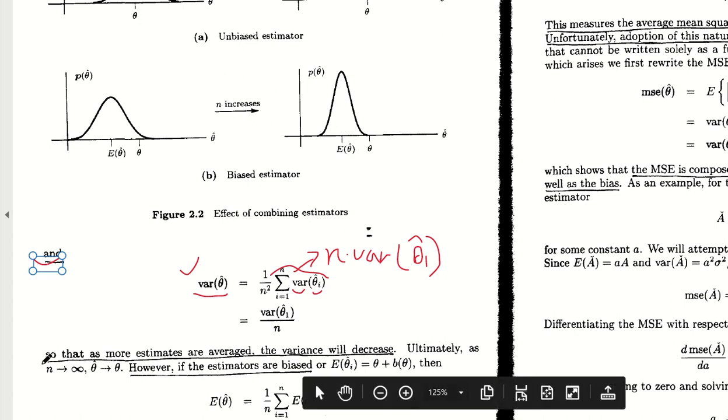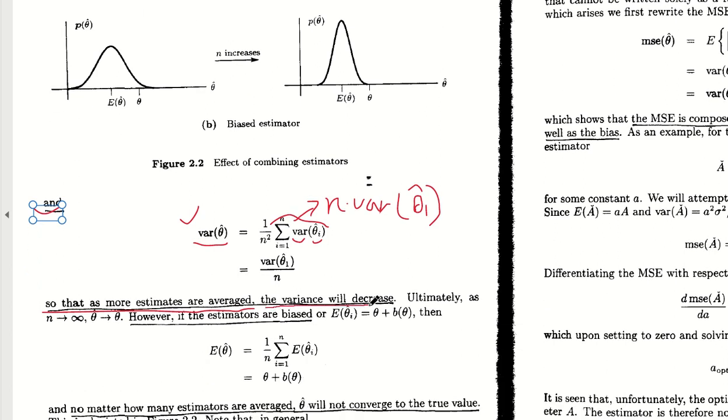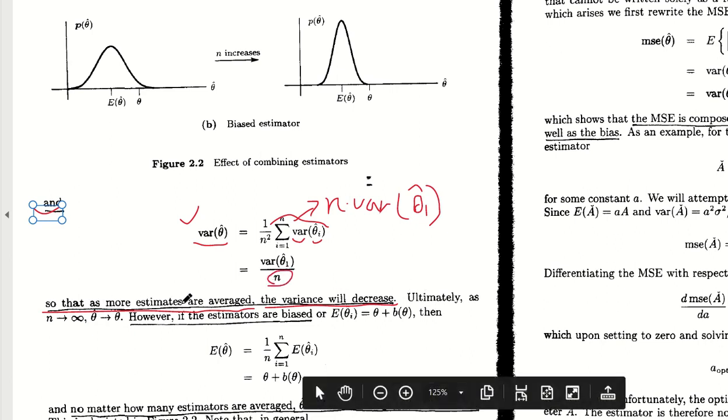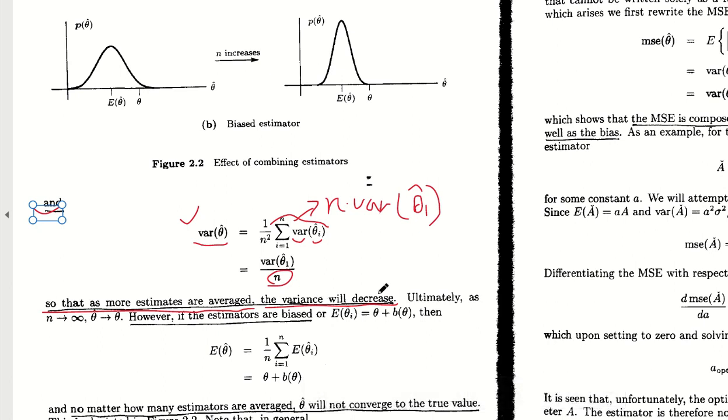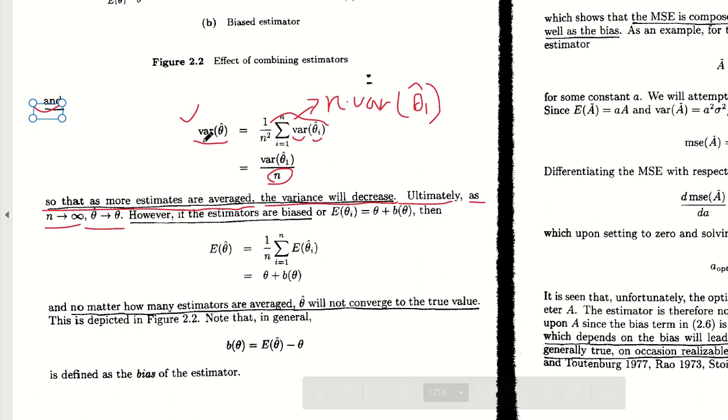So as more estimates are averaged, the variance will decrease because you have n in the denominator. If you have more estimates being averaged, the variance will decrease. Ultimately, as n approaches infinity, theta hat will approach theta.